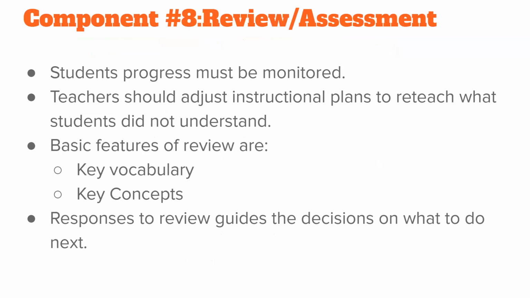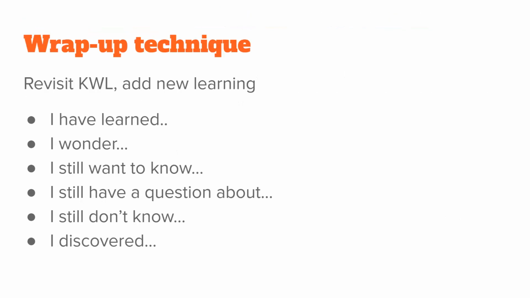The last component is component 8, and that's kind of like the wrap up component, the review and assessment. So this is where you will assess the students and possibly you might have to adjust or you might have to reteach. Some of the wrap up techniques that I wanted to circle back to was revisiting the KWL, and that's when you would fill in the L column what the students learned.